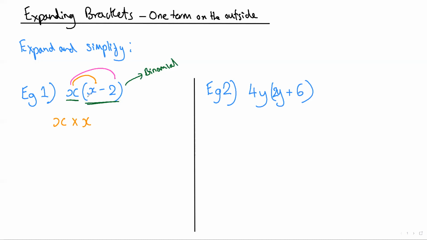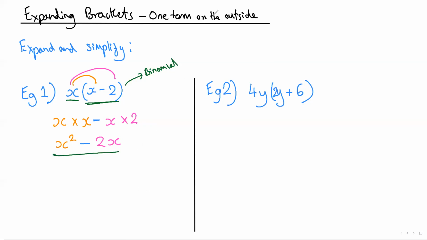Then we have a negative here, and then the second term, which is x times 2. So x times x is x squared, and then minus 2 times x, which is just 2x. So this is our answer here.